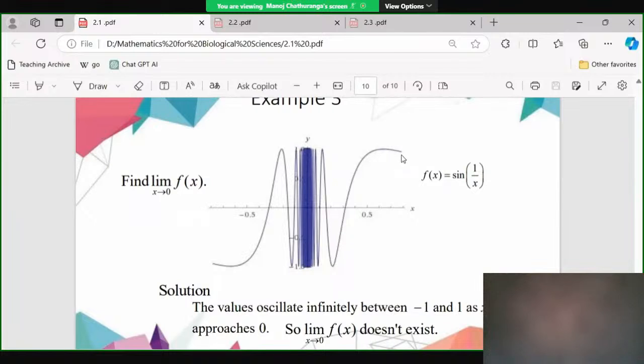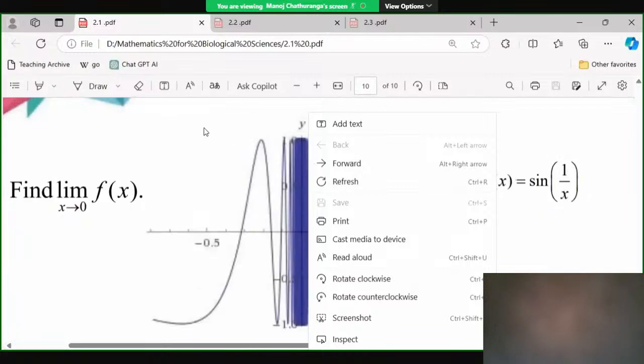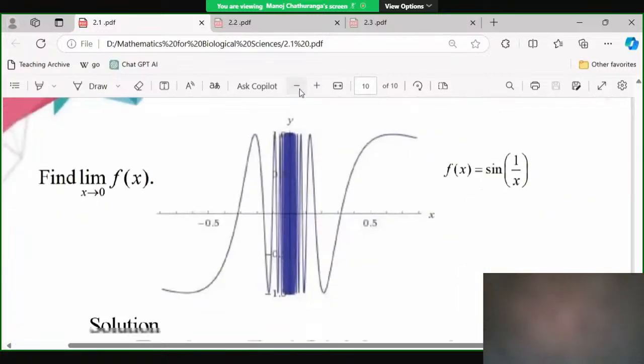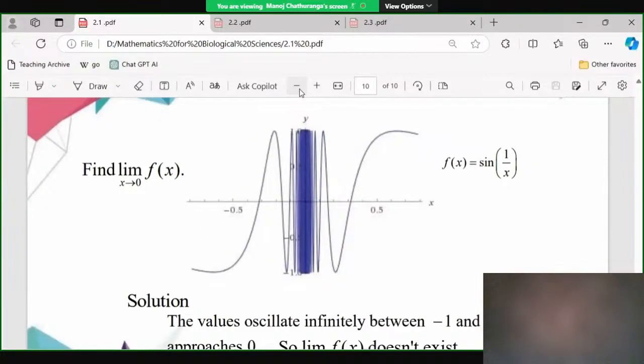So what happens is, as we go to 0, the function keeps going up and down very rapidly. I cannot zoom it without making it blur.